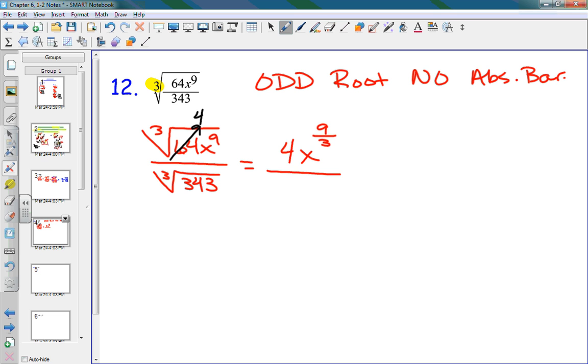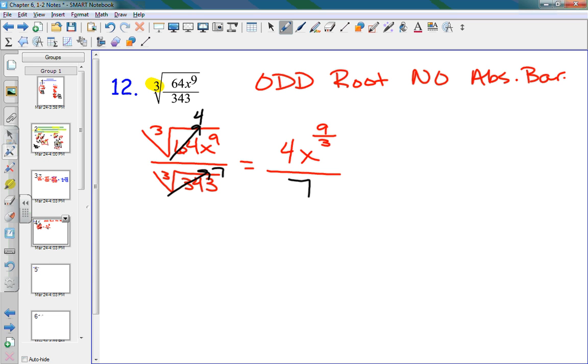Well, I know I got to go much higher than 4, right? Yes? How about 7? 7 times 7 is 49. Well, what's 49 times 7? 9 times 7 is 63. 343. So the cube root of this is going to give me a 7.